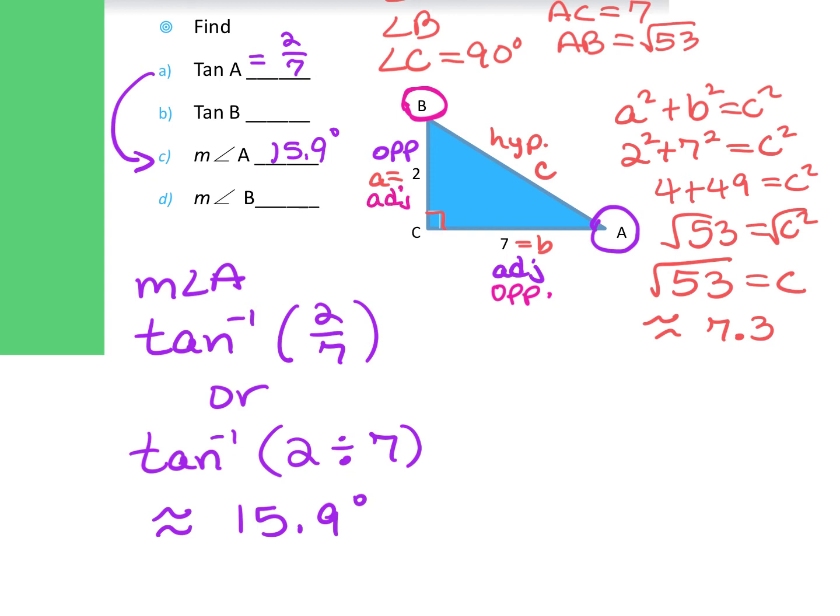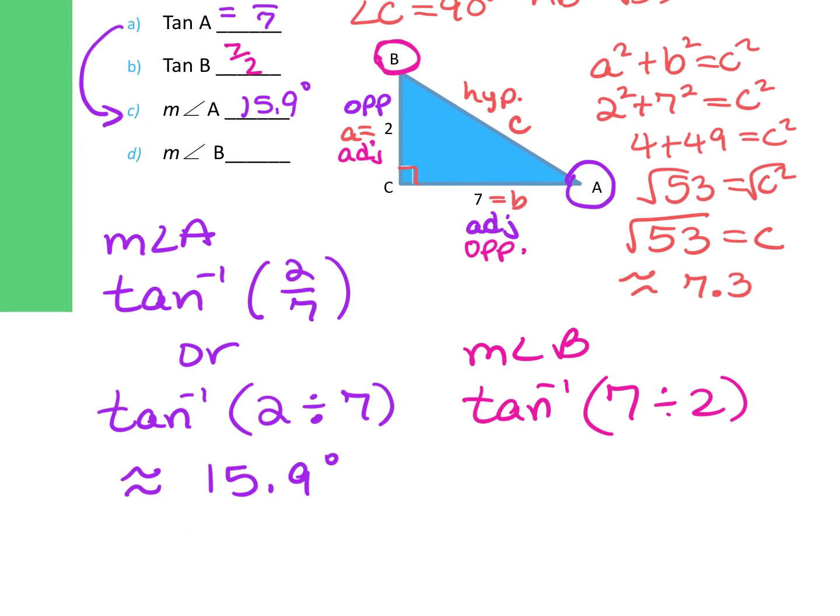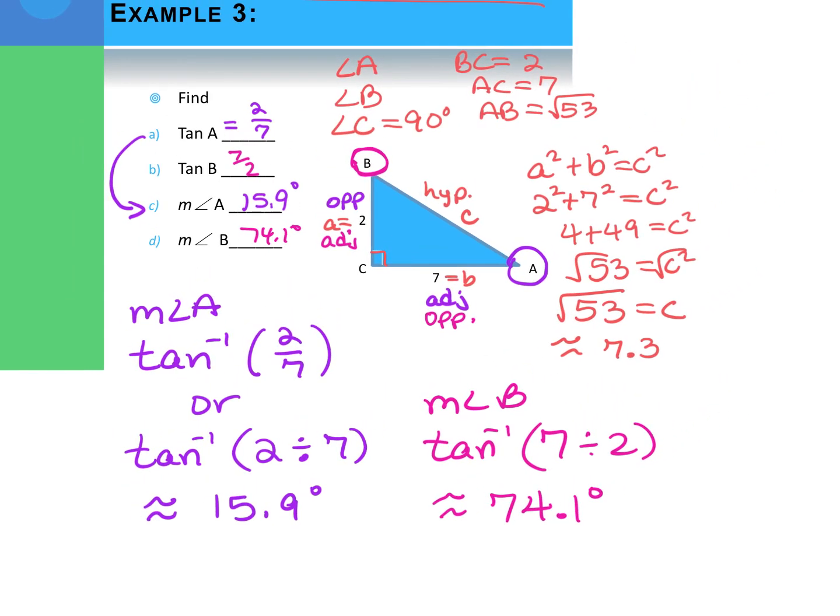So when I put it into the ratio, opposite over adjacent, it's 7 over 2 now. And again, to find the measure of angle B, I'm doing the inverse tangent function, 7 divided by 2, or enter it as a fraction. Once you hit enter, rounded to the tenths place, 74.1 degrees. So now that I've found the two acute angles, I have now completed my triangle.